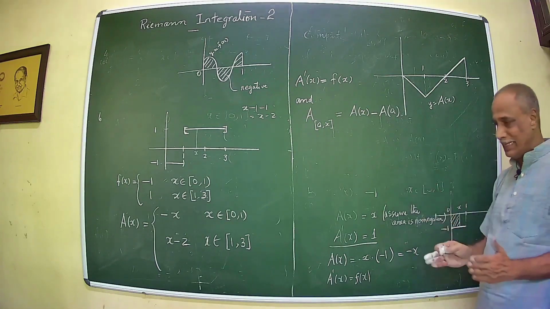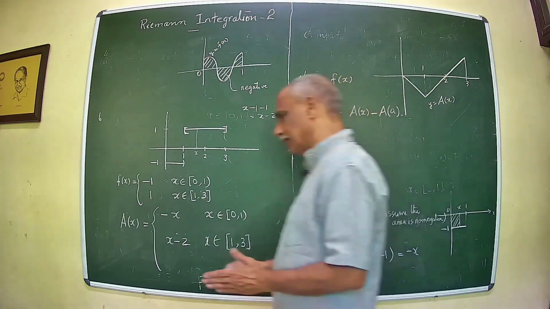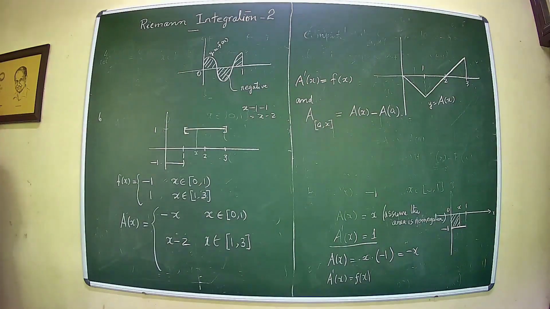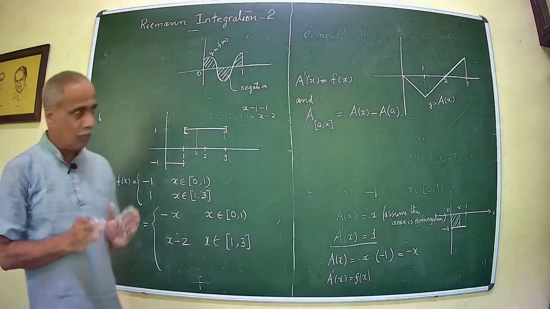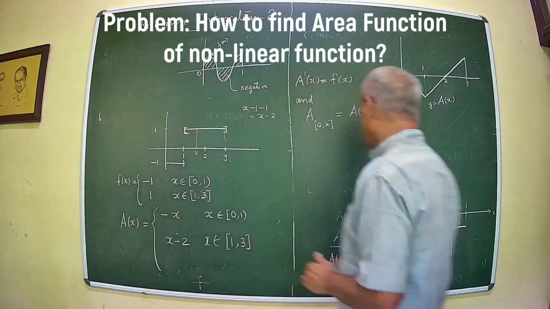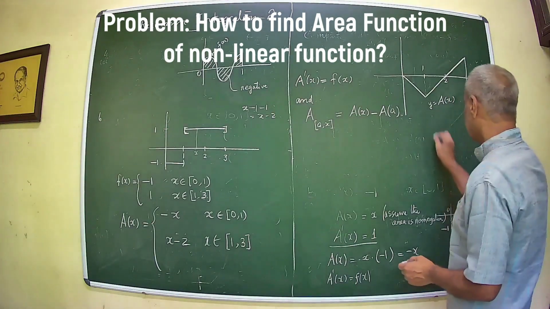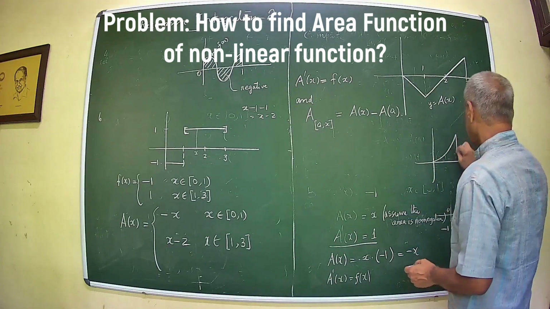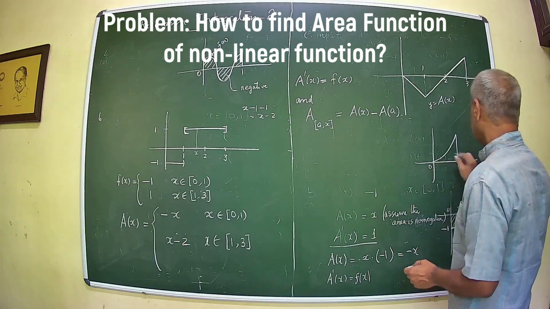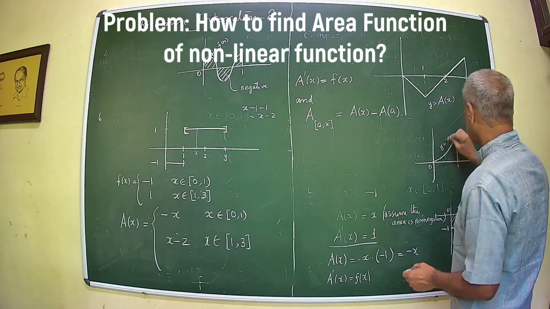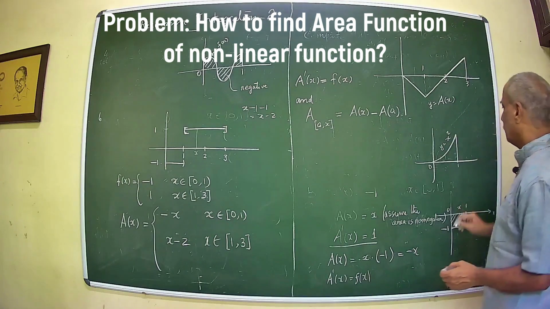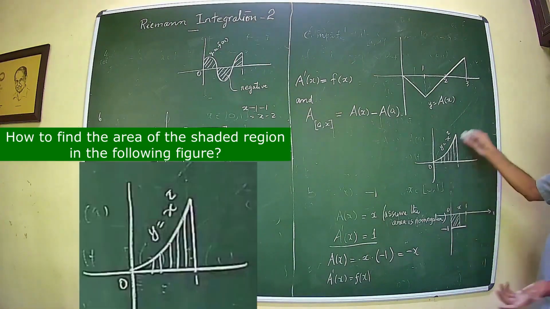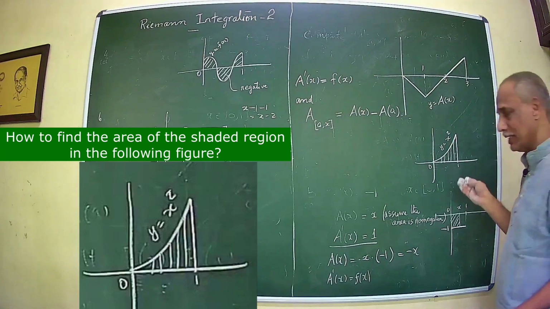Here we could do it easily because the type of functions that we have chosen are all linear functions on every segment. And the moment you go to a nonlinear function, for instance, something like y equal to x square on the interval 0 to 1, if you were to compute the area of this, unfortunately this is neither a triangle nor a rectangle.